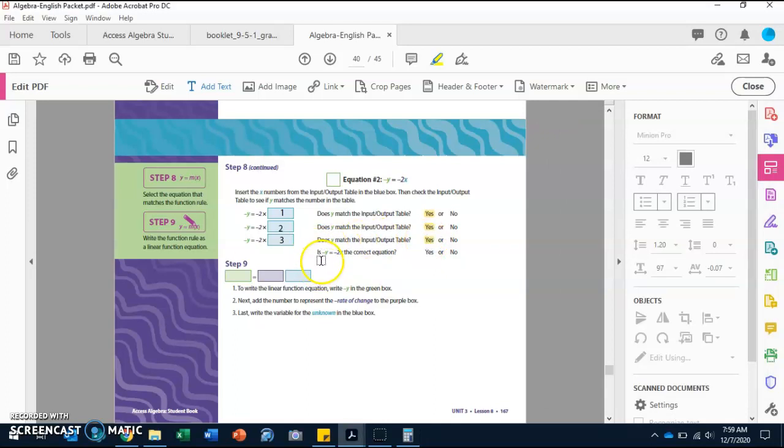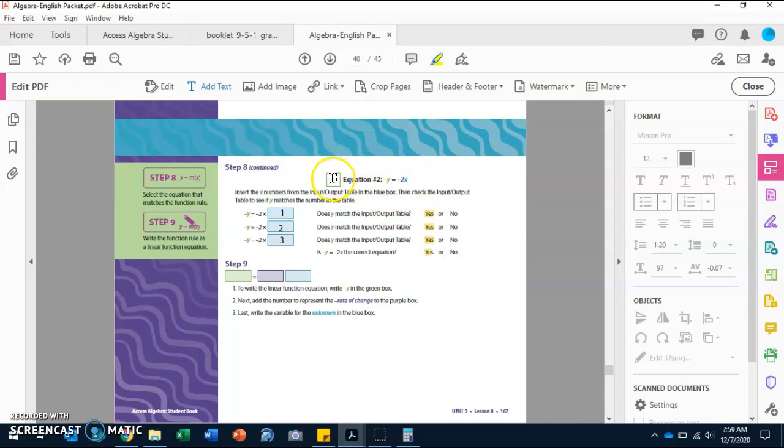So now they're asking, is negative y equals negative 2x the correct equation? So is this equation giving us the same answers as the answers we have in our table? Yes, good job. So then here, back to our question, can this be our equation?